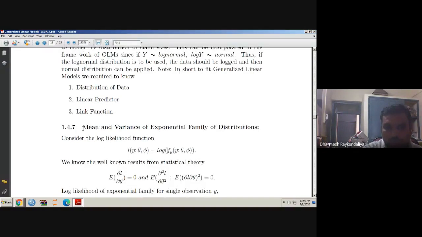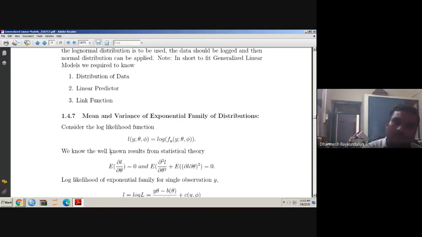Later on, we will talk about the linear predictor and link function; there is an entirely separate part on that. Now we wish to find the mean and variance of the exponential family of distributions.